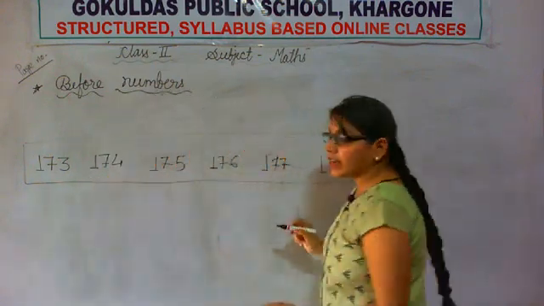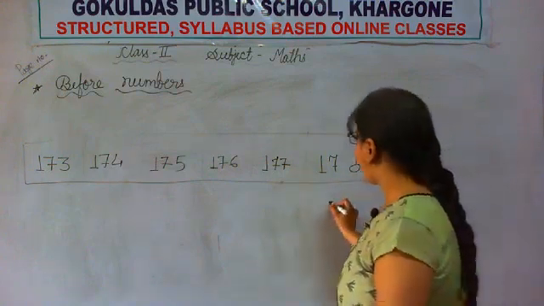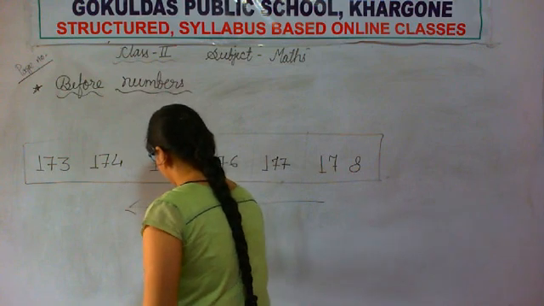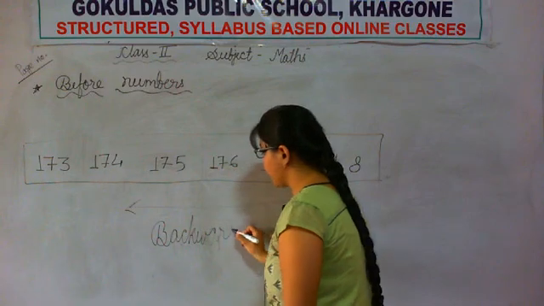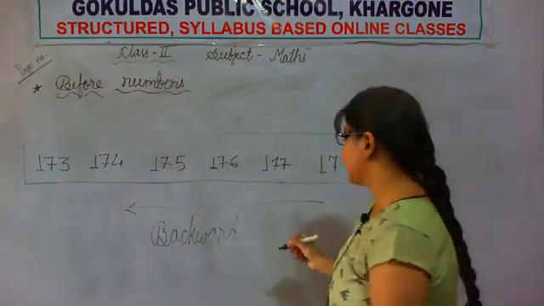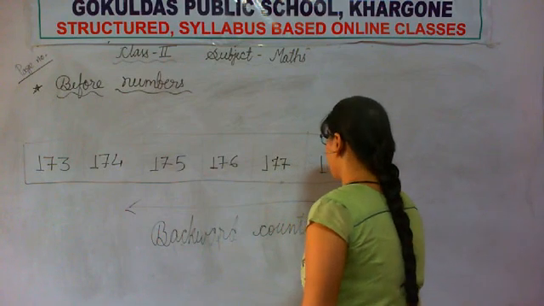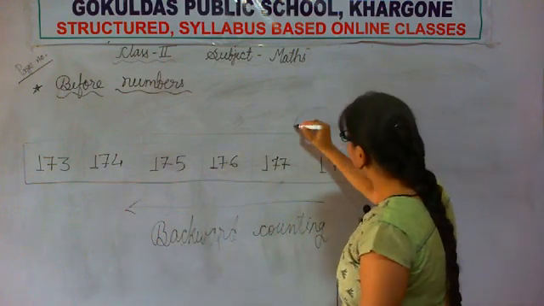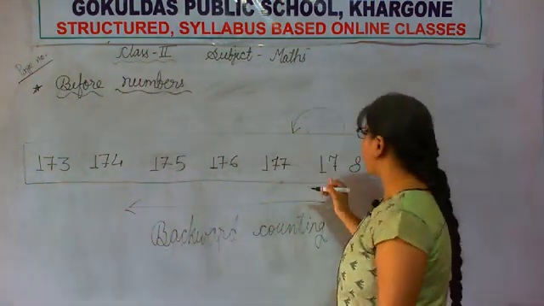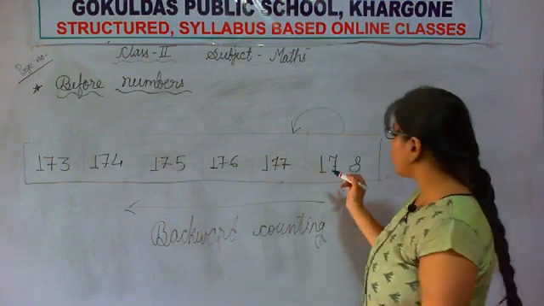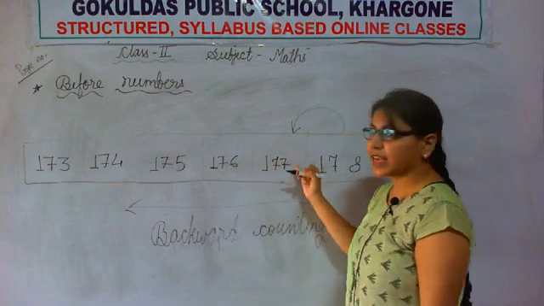When we remove 1 from the number, it means we are counting backward. So if I remove 1 from 178, I get the number before 178. So the before number of 178 is 177.